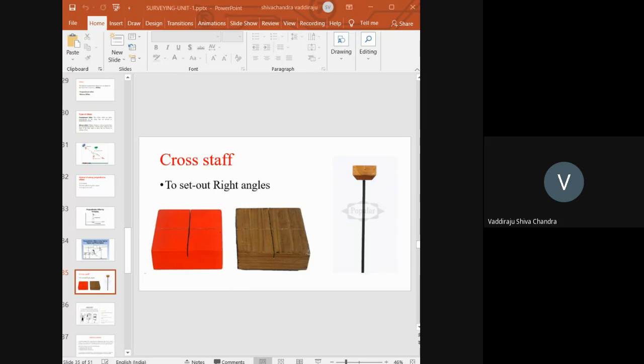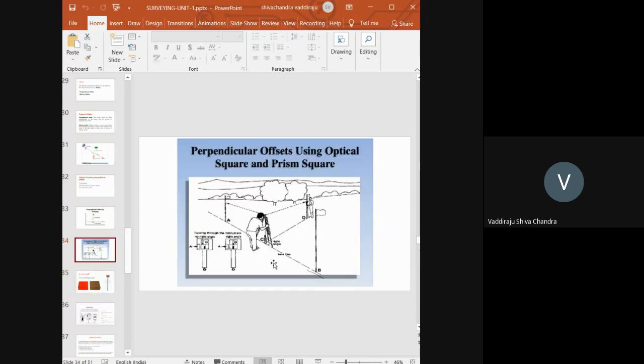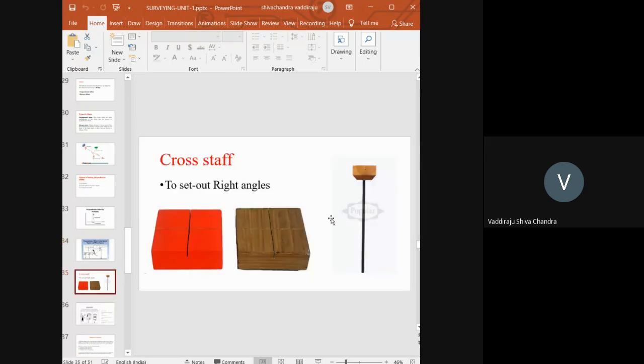So what we'll be doing is, again, the same as we did with the optical square. We'll identify the approximate position where we are expecting the foot of the offset, and we'll try to see through this slit whether the object is visible to me or not. If the object is visible to me at that approximate position, then I'll shift myself and see from this direction. In the first go, I'm seeing from this direction the foot of the object offset. Once it is visible through this slit, then I'll turn myself and see from this side.